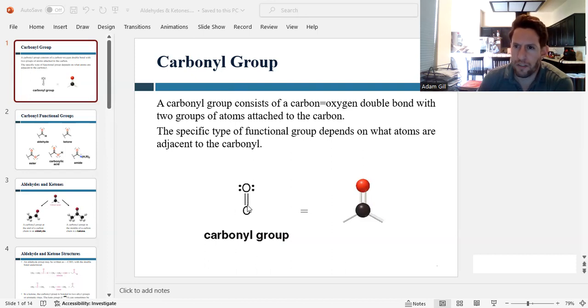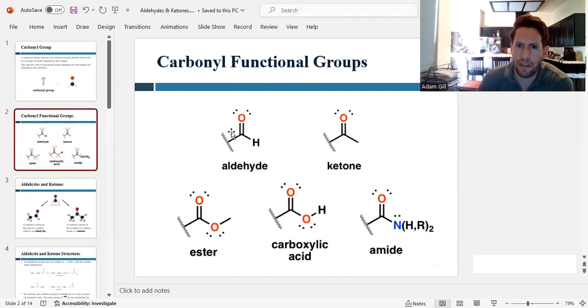Now, carbonyls are a common functional group, and they are a part of these five different functional groups. So all of these have a carbonyl, but what distinguishes them from one another is what is attached next to the carbonyl.